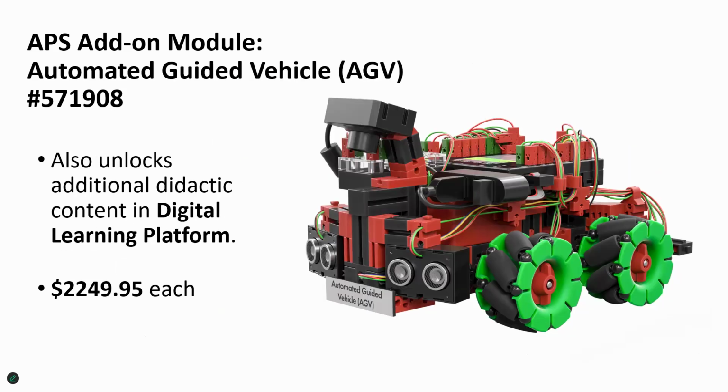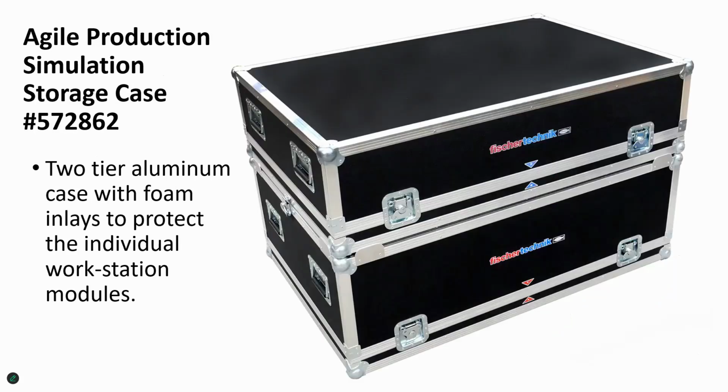If you were looking at the additional automated guided vehicle or AGV, which again also unlocks didactic content in the digital learning platform, the cost for an additional model is $2,249.95.